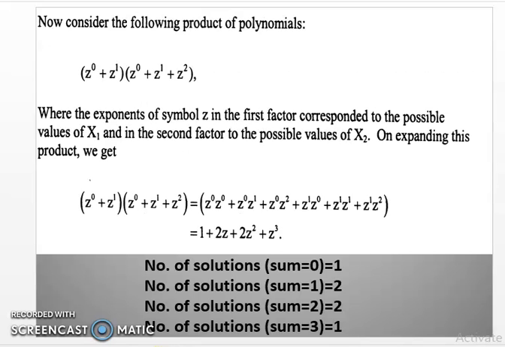Next, using these polynomials, we take the product of z^0 plus z^1 multiplied by z^0 plus z^1 plus z^2.